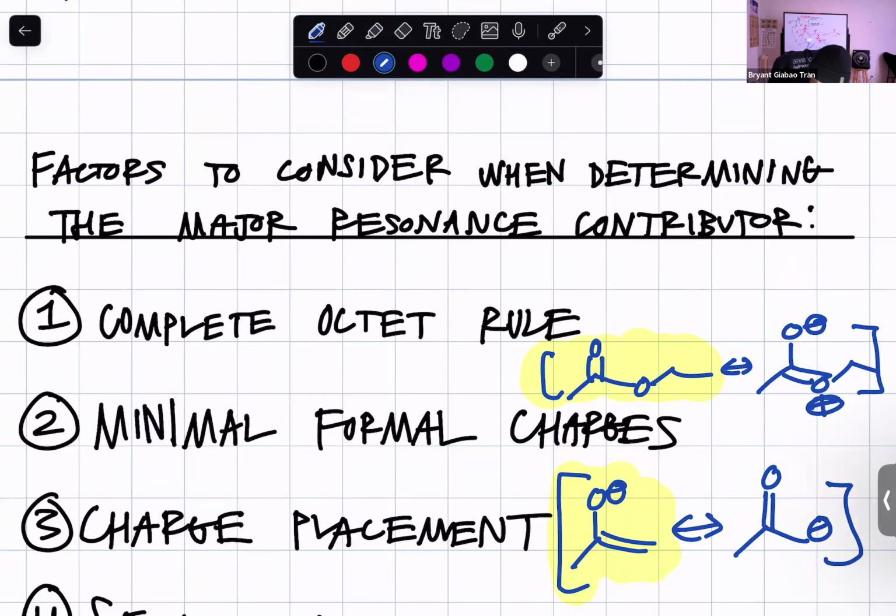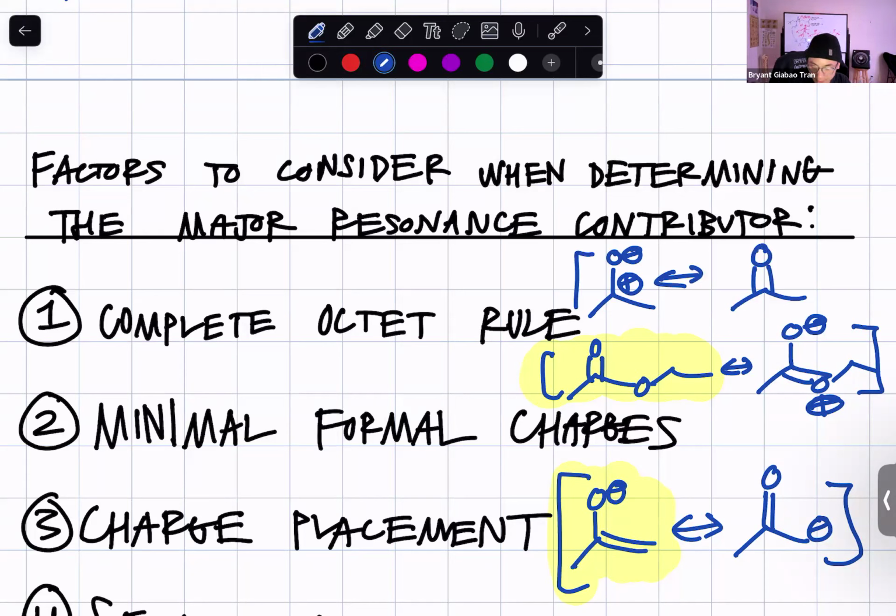Now let's go over the first one. Let's say we have this one compared to this one. Which one is major?